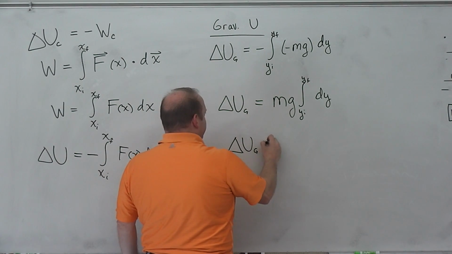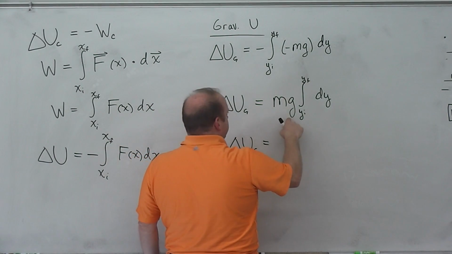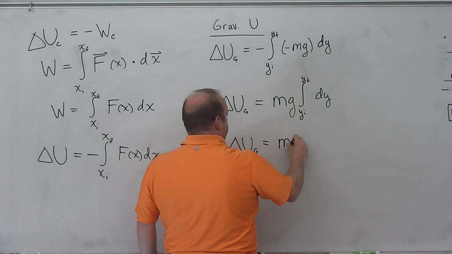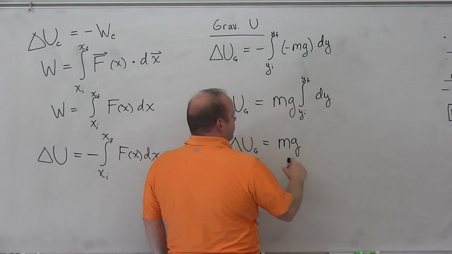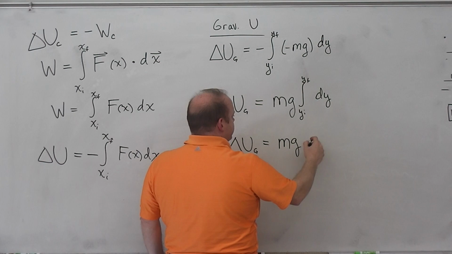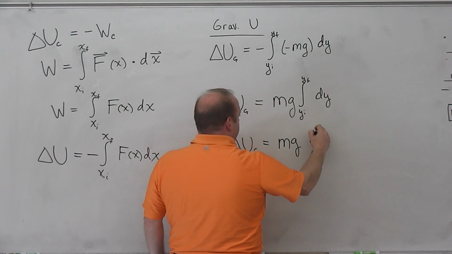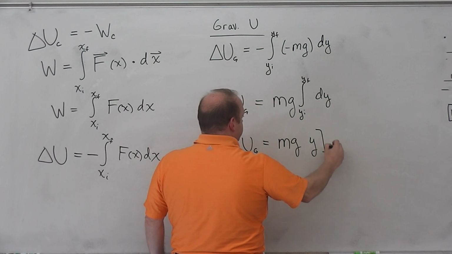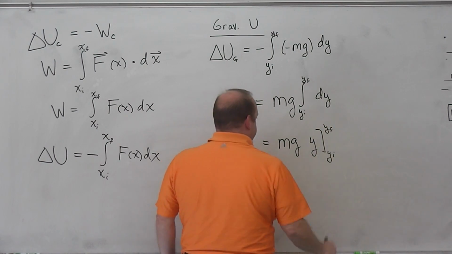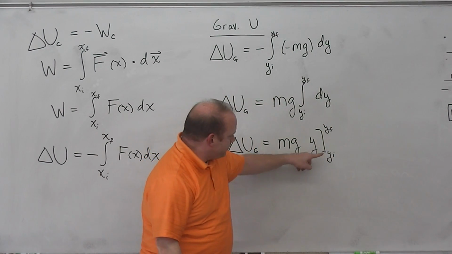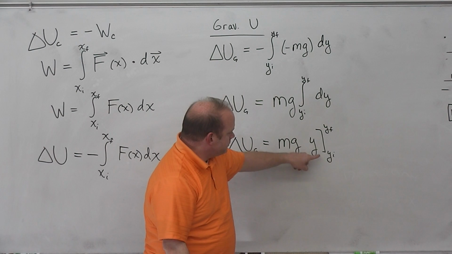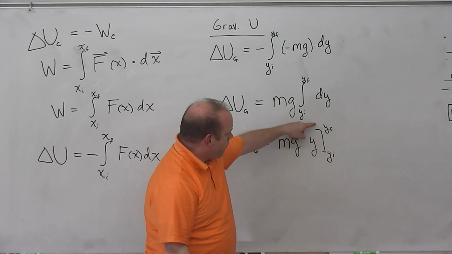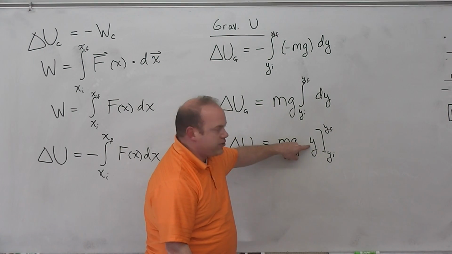So now if I integrate dy, the change in potential energy with respect to gravity is going to be mg, and the integral of dy is just y. I'm going to do that from y initial to y final. So now, especially those of you in Calc 1, I plug in y final and I subtract off y initial.